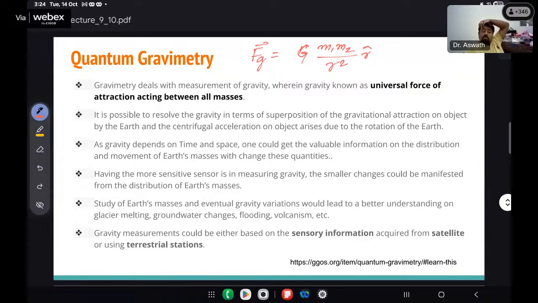It is possible to resolve the gravity in terms of a superposition of the gravitational force of attraction on the object by the earth and the centrifugal acceleration on the object that arises due to rotation of the earth. You see, the earth is rotating about the sun because of the force of attraction between the sun and the earth.